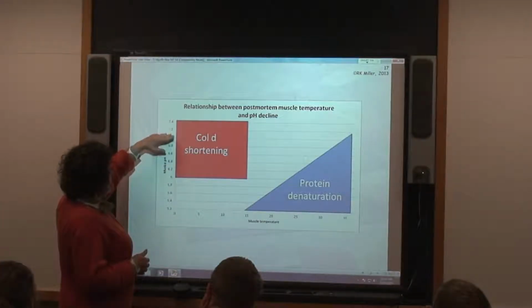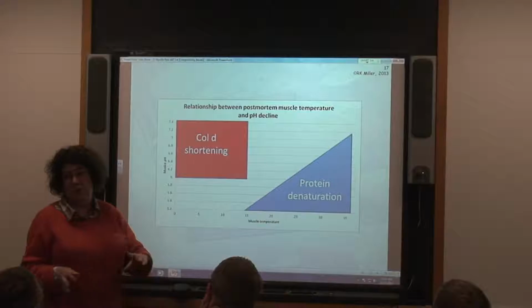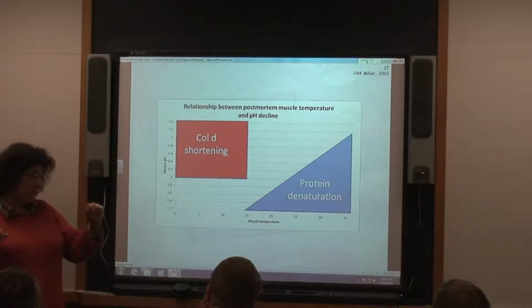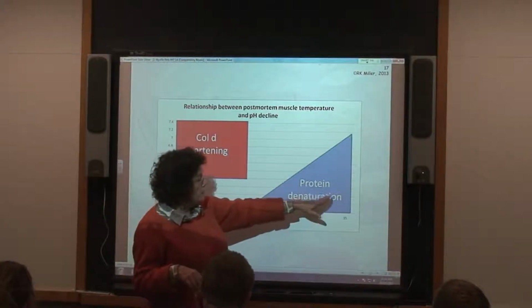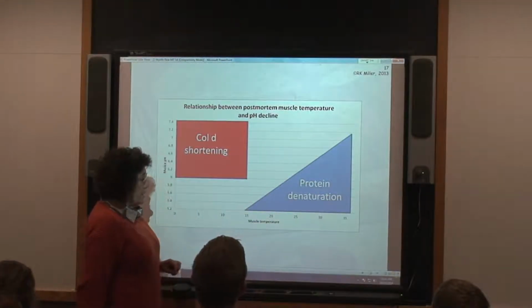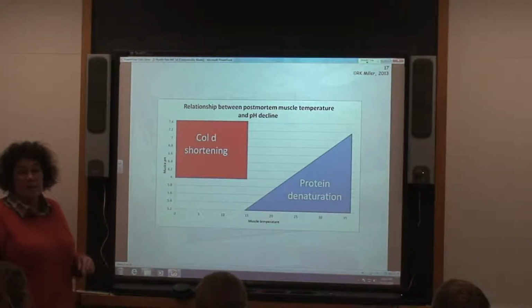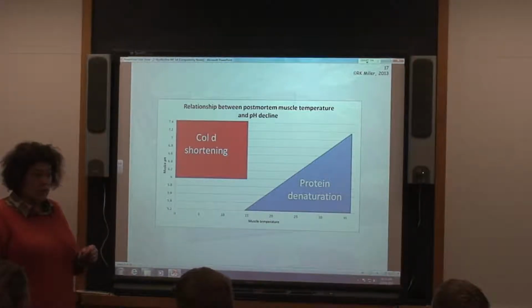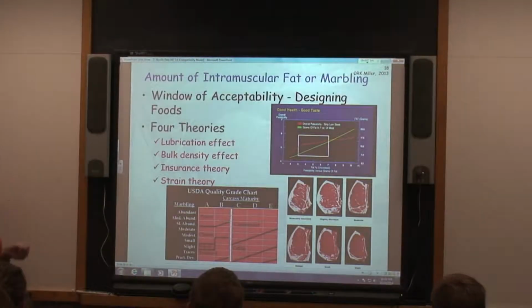And so, you know, if we're up here at 6.4, 6.5, and we get to cold temperatures, boy, we really have a problem. We're also, this shows protein denaturation, where we're going to have with higher temperatures and in combination with pH, we're going to get protein denaturation that we will not get that functionality back, which we get more with PSE. But I wanted to show you that graph. I skipped over it in the last lecture.